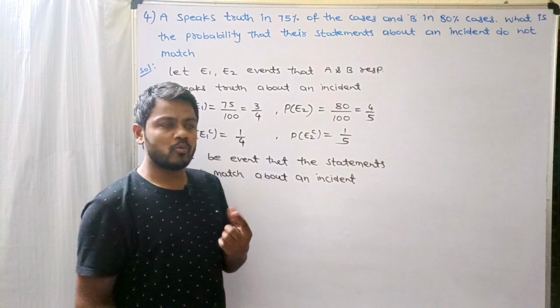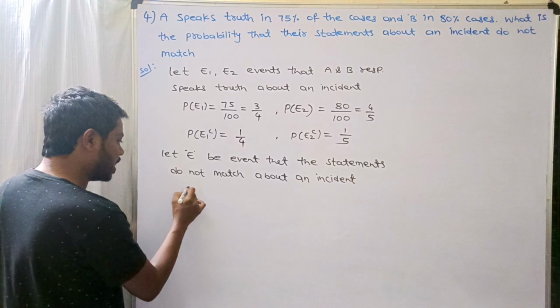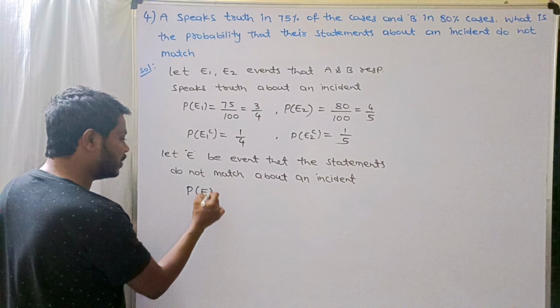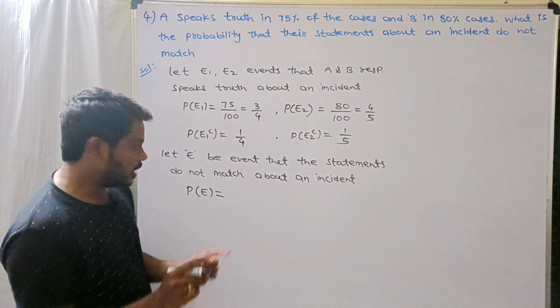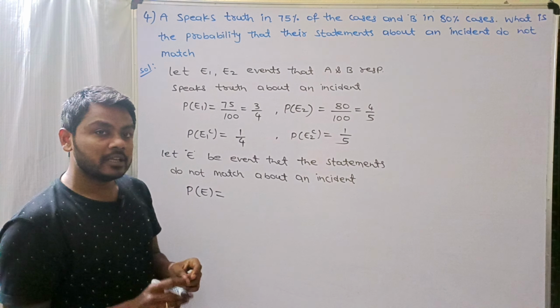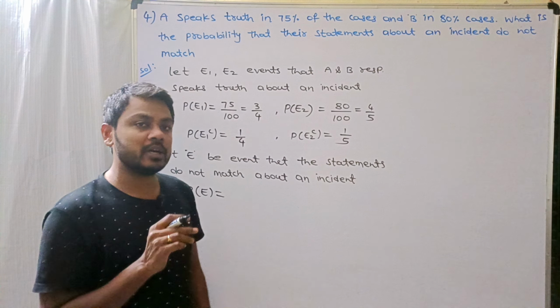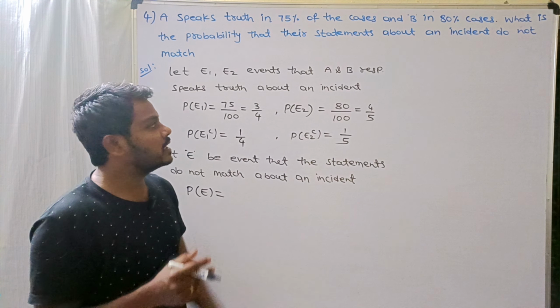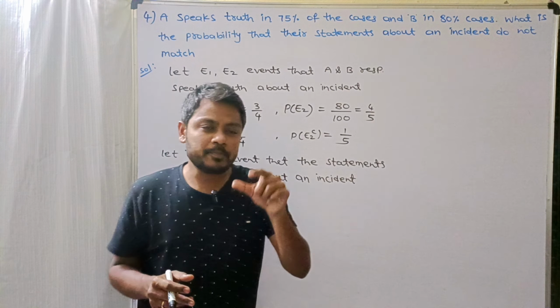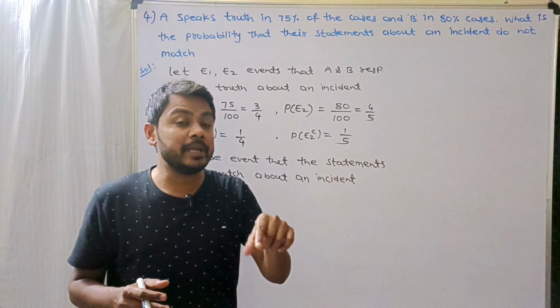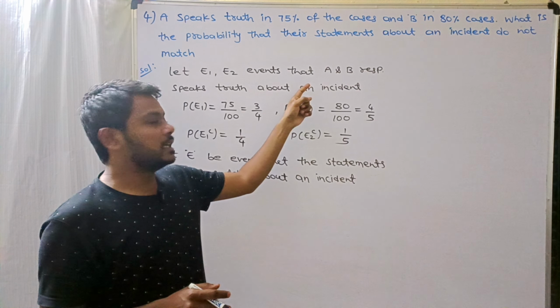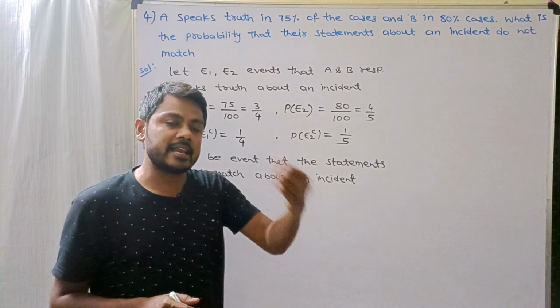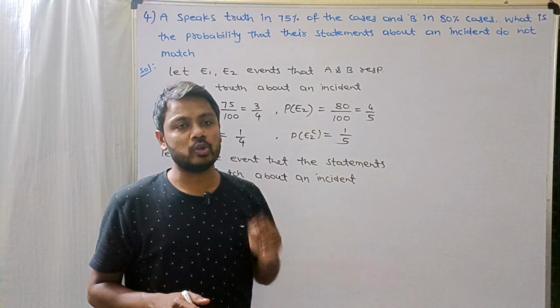The required probability can be denoted by P of E. Here P of E is what? The given statements do not match about an incident, which means what? A speaks truth and B tells lie. Next, A tells lie, B speaks truth.